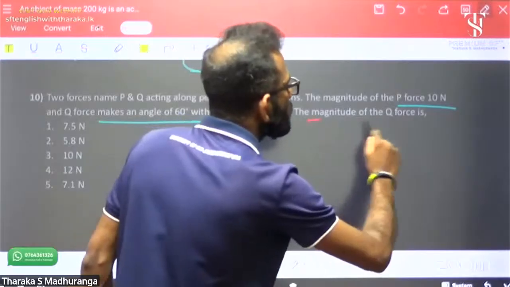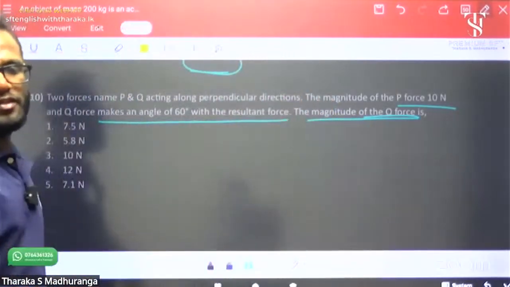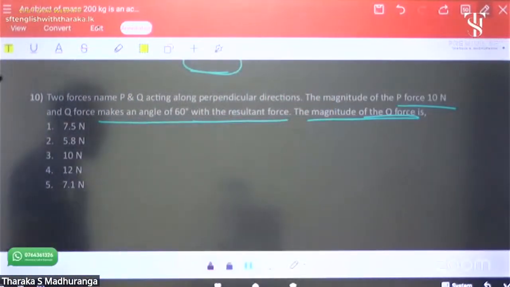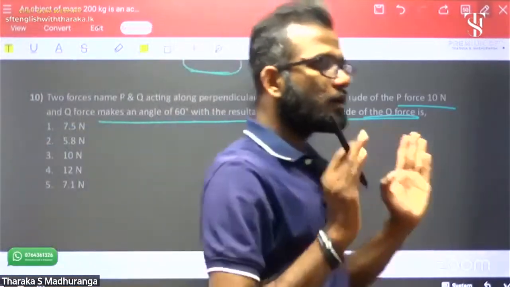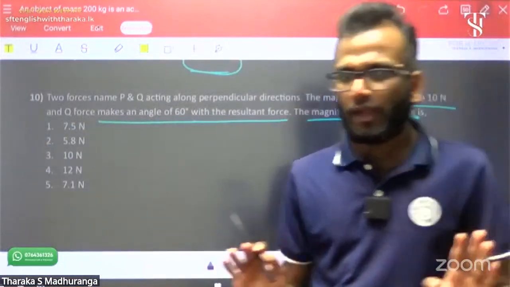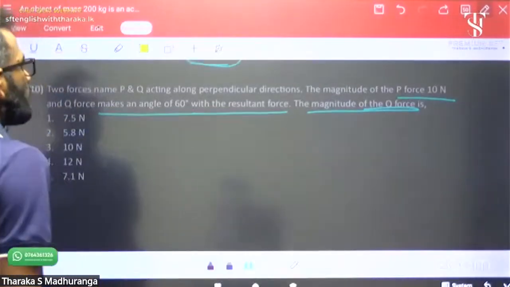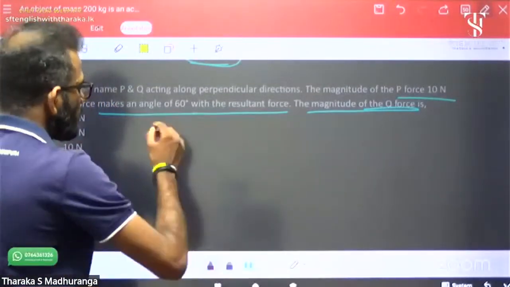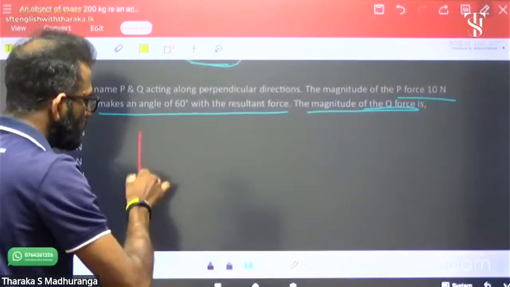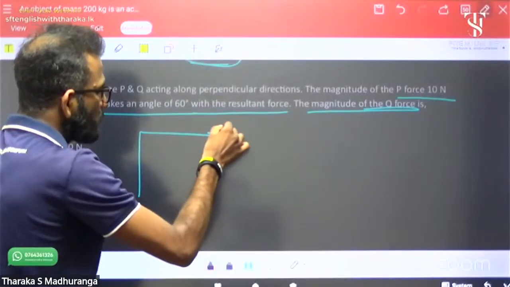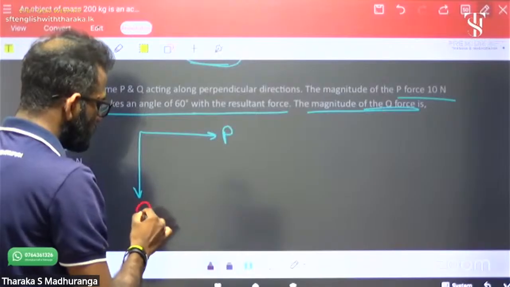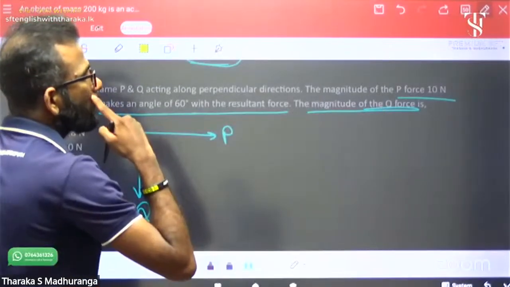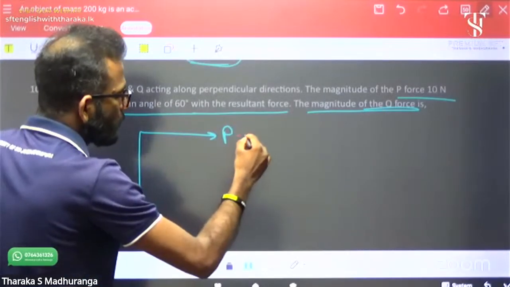Find the magnitude of the Q force. Very good question. First of all, you have to understand this question. Remember, two forces P and Q act along perpendicular directions. This is the P force, this is the Q. The magnitude of P is 10 Newton.